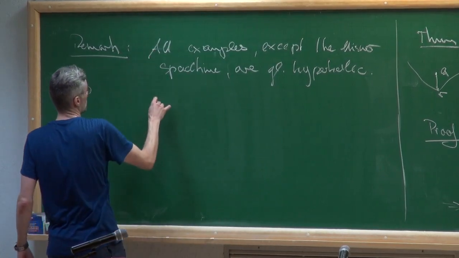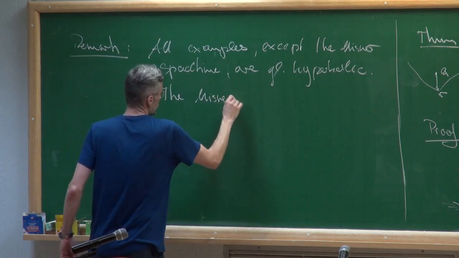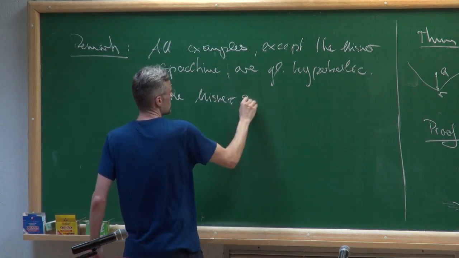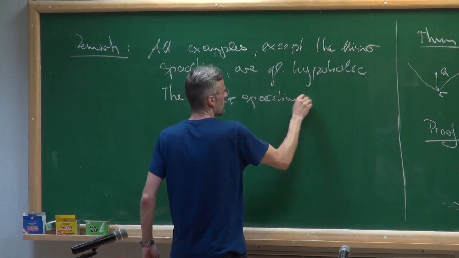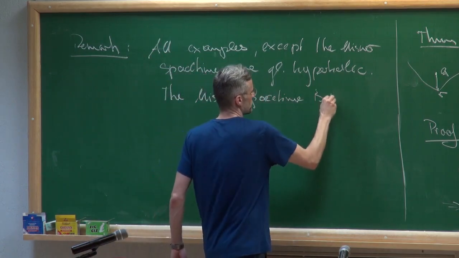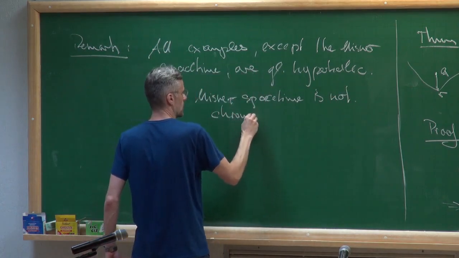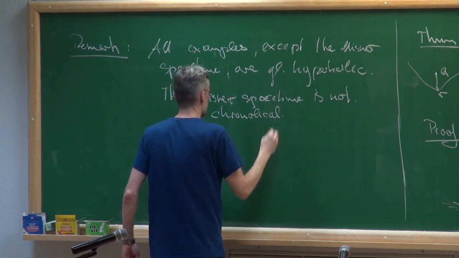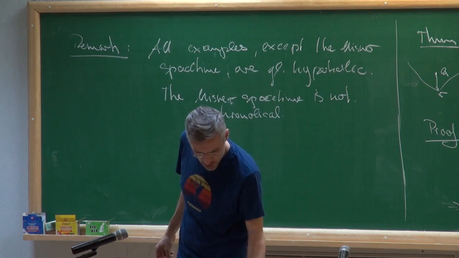The picture I already drew on Tuesday shows you that the Misner spacetime, even though it's non-compact, is not chronological. There were closed timelike curves in that.